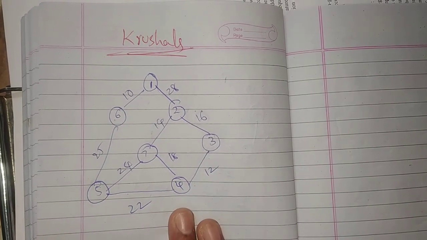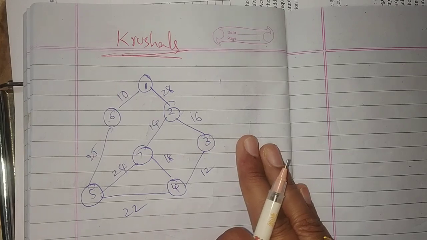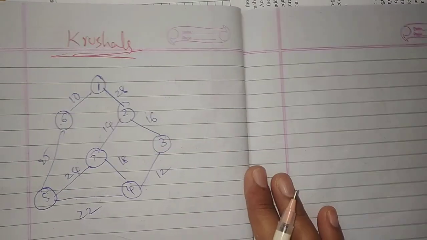Understand? With the same example, I am going to explain the minimum cost spanning tree using Kruskal's algorithm.